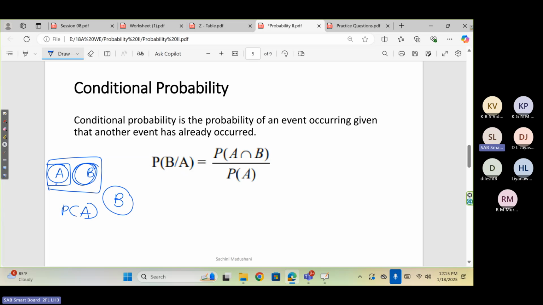Understood? Then we write this using the notation: probability of B given A. In here, first we write B, which is the second event.